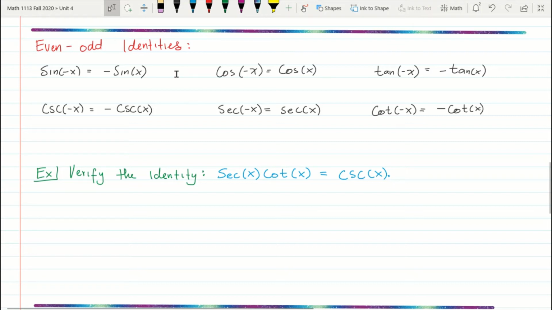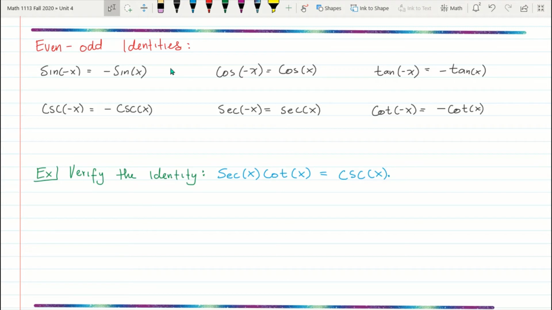These are good to know, but they're not hugely popular in terms of the problems we do, but it's good to understand them. One example that we'll do here is the following. We want to verify that secant of x times cotangent of x is equal to cosecant of x.